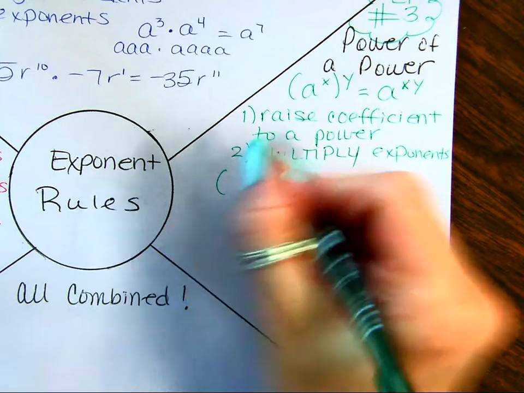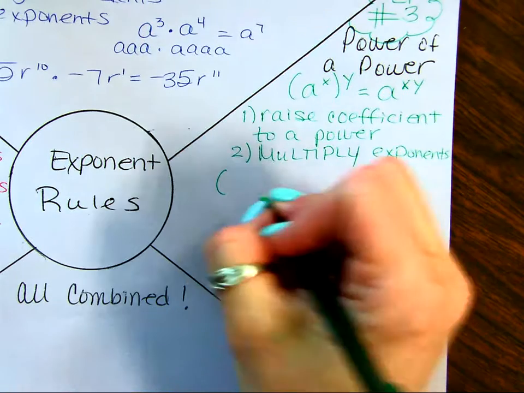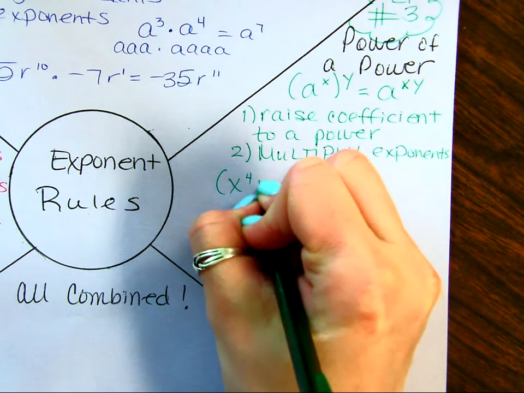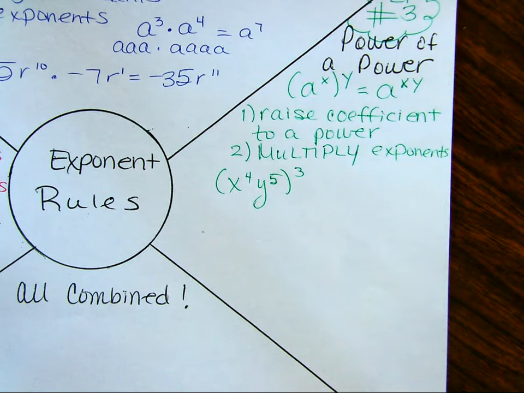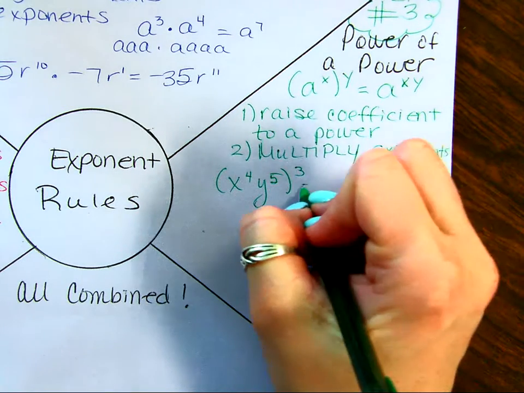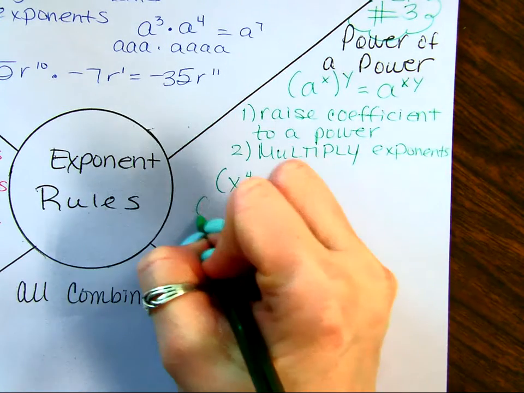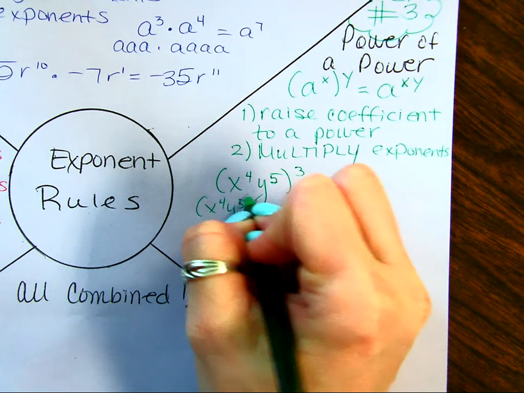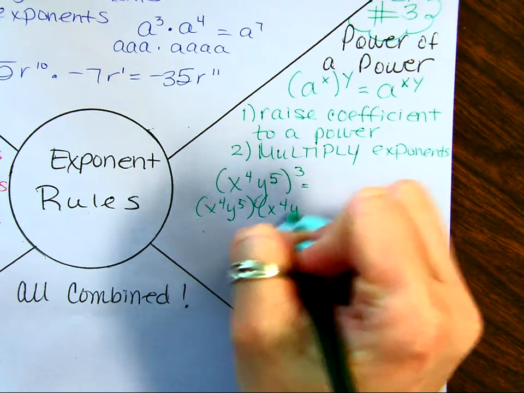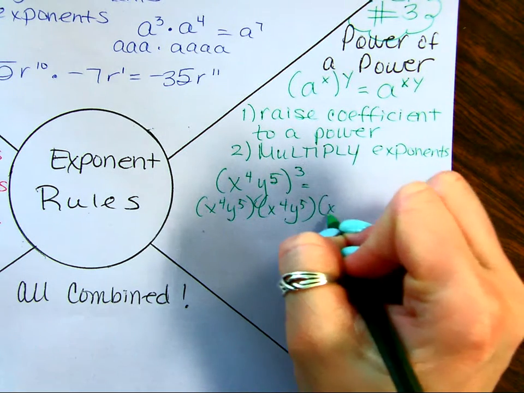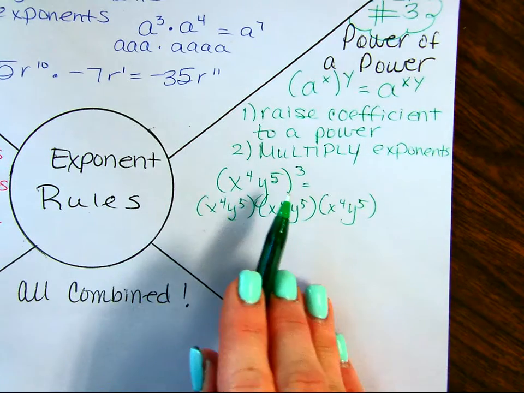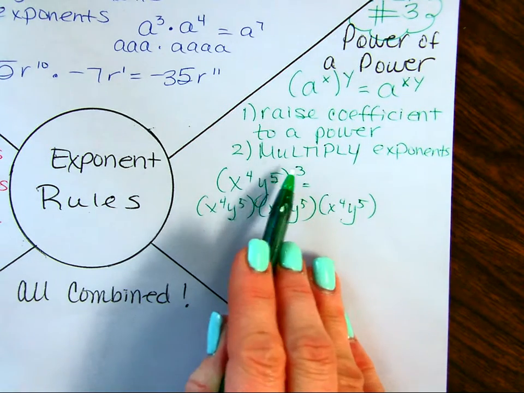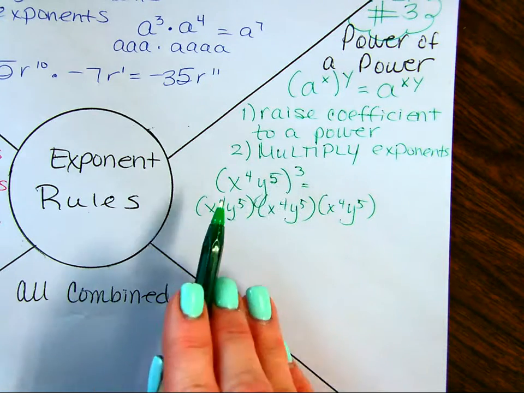That looks like me taking an x to the 4th and a y to the 5th and cubing it. And that means basically 3 of these. It means x to the 4th, y to the 5th, times x to the 4th, y to the 5th. I do not expect you to write this all out. This is just showing you that now that you got rid of that exponent, it goes back to this, right?